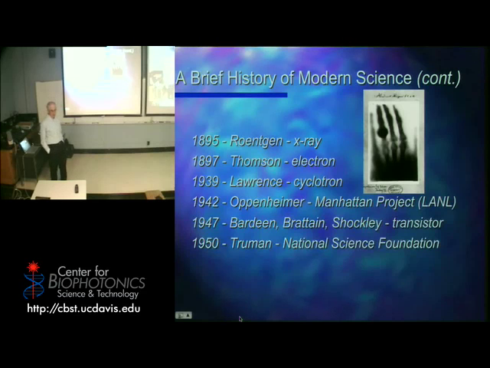We'll also talk for a second about Ernest Lawrence. I put the date 1939 there, not because that's when he discovered or invented the cyclotron. It was done about a decade earlier, but that was the year in which he got the Nobel Prize for his discovery.